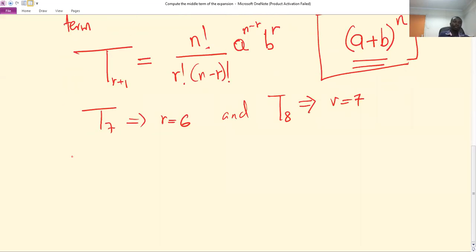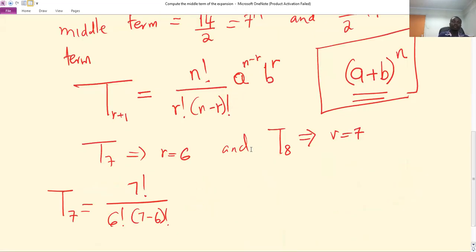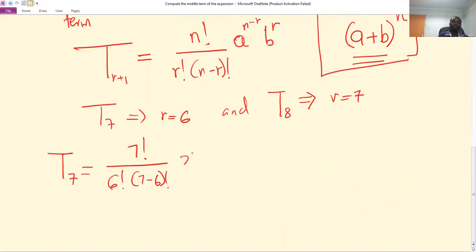So T7 will be n factorial over r factorial times n minus r factorial, and our a in this question is x squared, x squared power n minus r, and then 1 over x squared is the same as x raised to power minus 2, power r, which is 6.